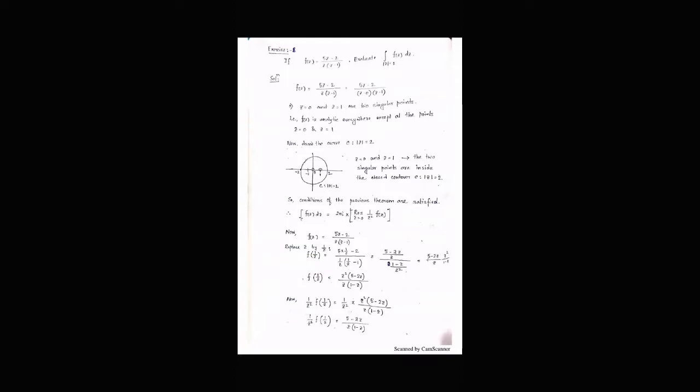So we are given the function f(z). f(z) is (5z minus 2) by z into (z minus 1). We have to find the function f of 1 by z. So to find f of 1 by z, what do we do? We replace z by 1 by z in the function f(z).